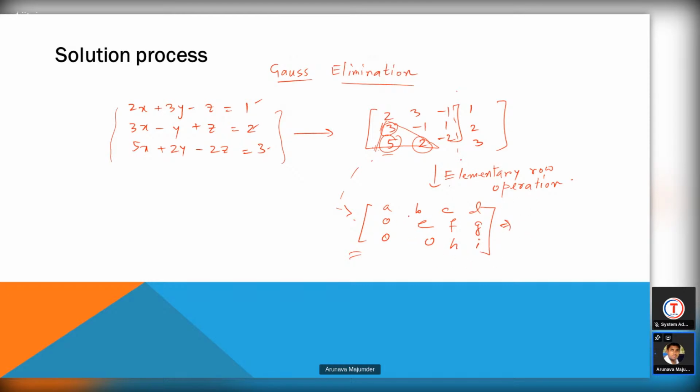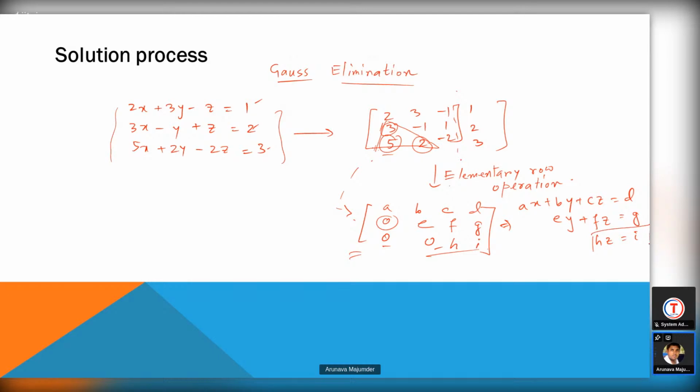After doing it, we get three equations now. The first equation is ax plus by plus cz is equal to d, and the second equation is 0 into x plus ey plus fz is equal to g, and the third equation, since it is 0 and 0, obviously we get h into z is equal to i.